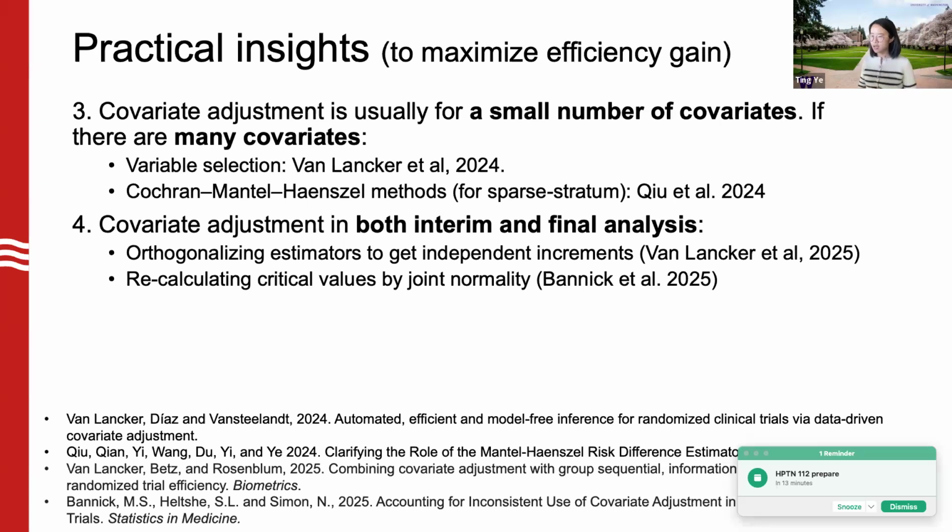And the second approach is to recalculate the critical value, usually at the final analysis, by accounting for the covariance of the test statistic in the interim and the final. This is by joint normality, and you can estimate the variance by bootstrap, etc., if you don't want to calculate analytically.